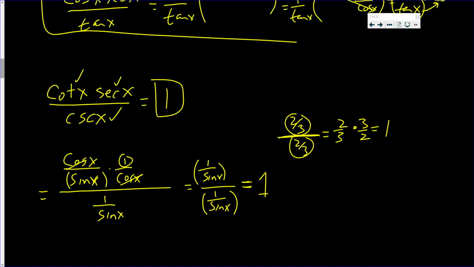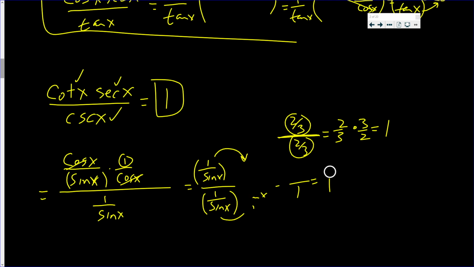I mean, if you insisted on going a step further, 1 over sine x is cosecant x over cosecant x, which is 1. You could have chosen to multiply the top and the bottom by sine x. 1 over sine x times sine x is 1. So you get 1.